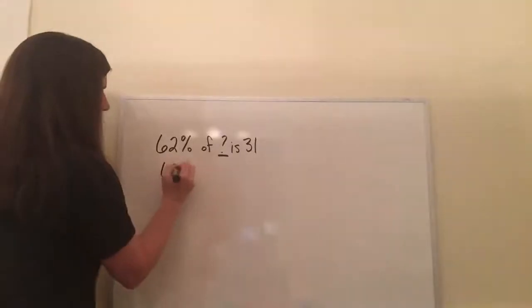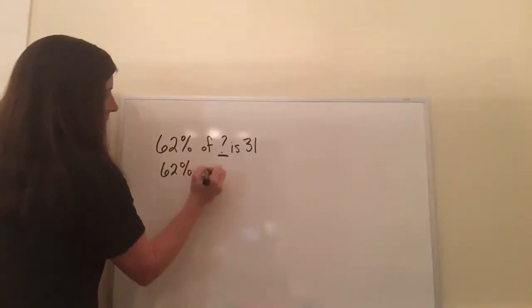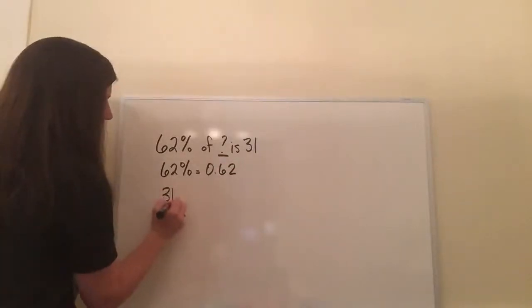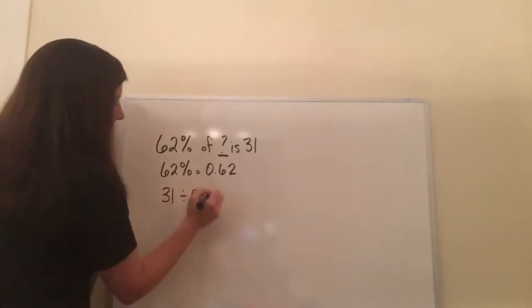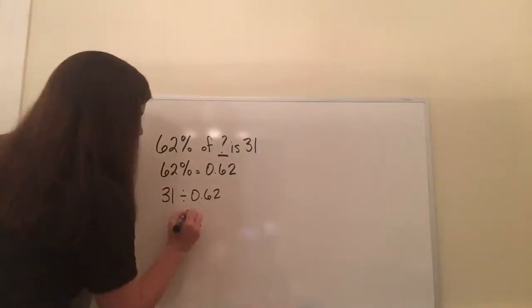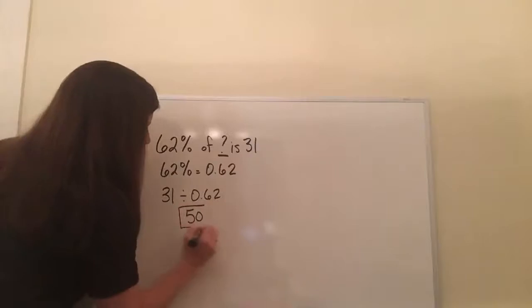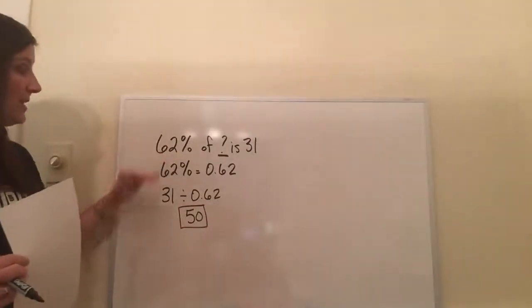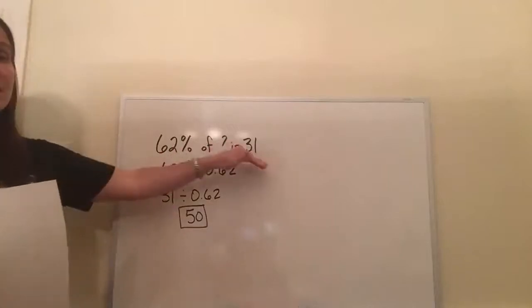So 62% is 0.62. So I'm going to say 31 divided by 0.62. And my answer is 50. So 62% of 50 is 31.